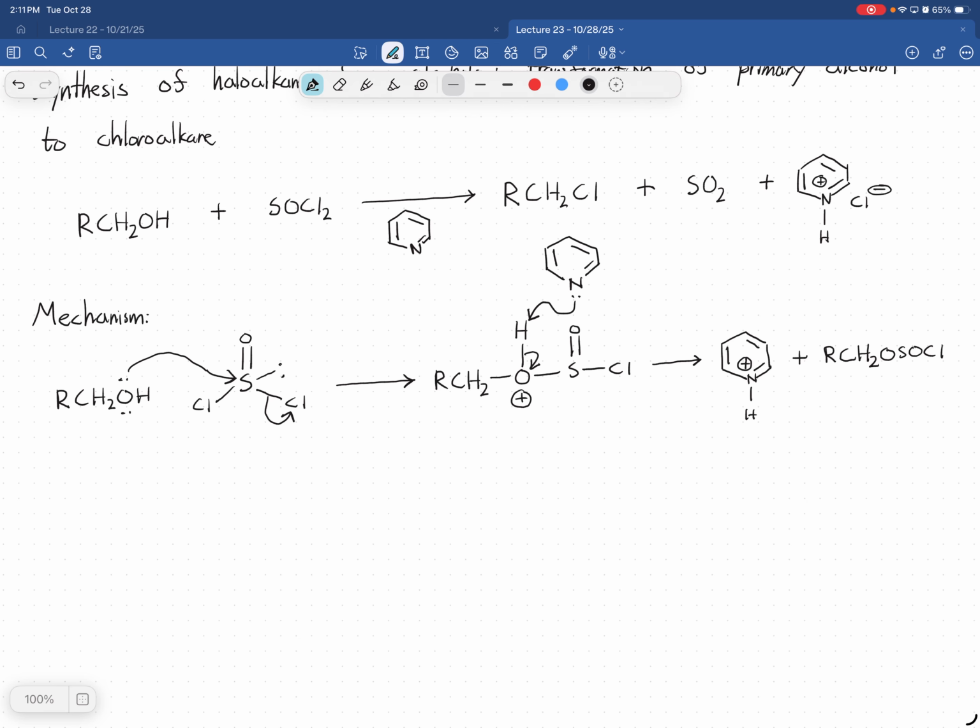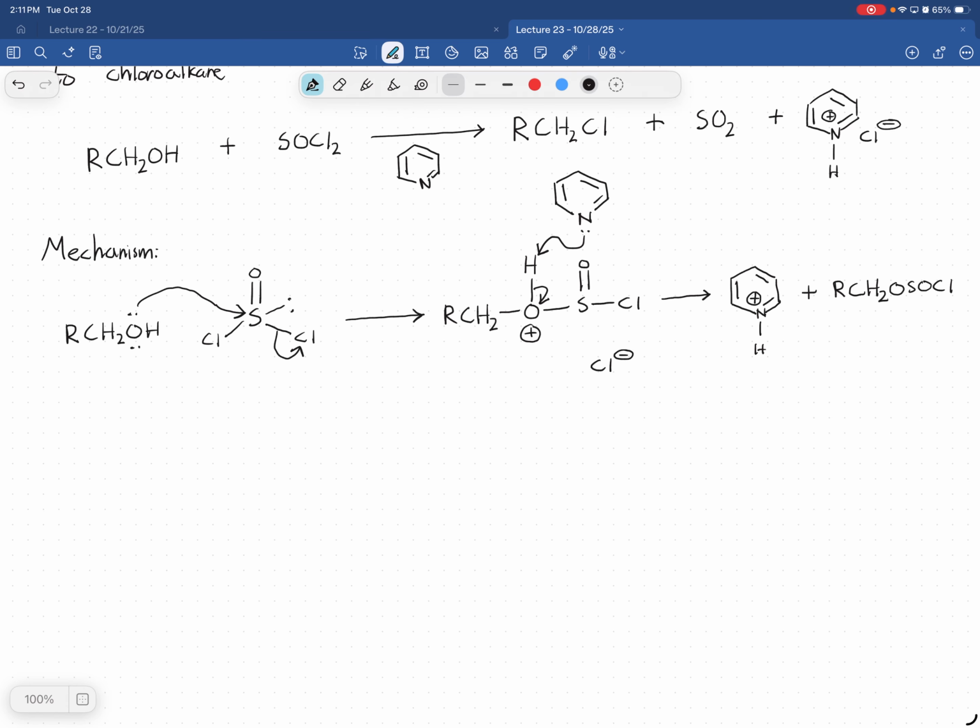So we're not done because the chloride is actually still floating around in solution. So the next step is our chloride is going to perform an SN2 reaction on your intermediate here. The R group is going to stay, but what I mean here is the carbon-oxygen bond is going to be broken.